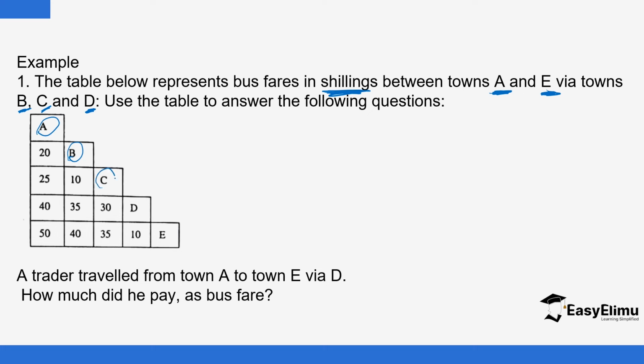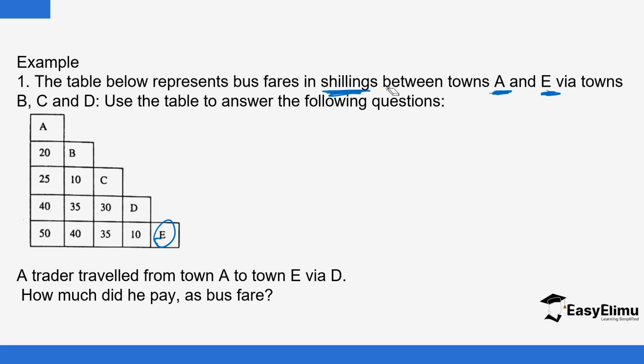They reached C, alighted again, attended to some activity there, then boarded another vehicle, the same vehicle again. So the fare would be different between a person starting from A moving to E directly, and the other one that keeps alighting and boarding as they continue with the journey. So let's see how that is applicable.